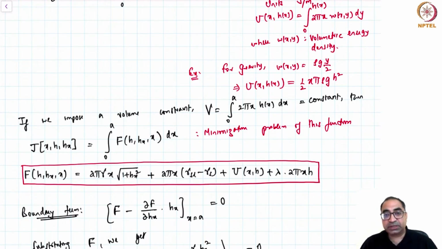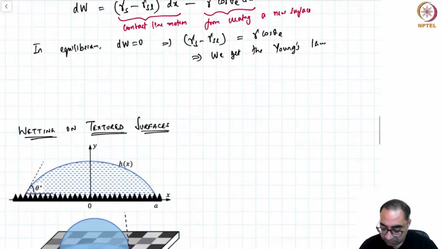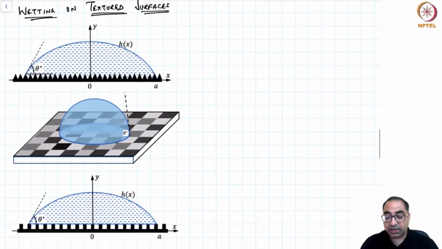We will be using this kind of a relationship in this expression when we do rough surfaces. Now, in the case of rough surfaces, I introduced 3 kinds of rough surfaces, and that's exactly where we are going to start today's lecture.